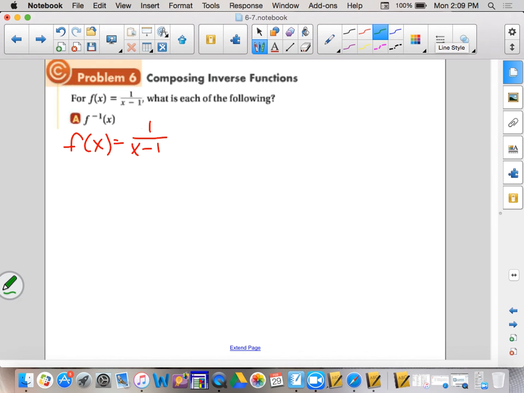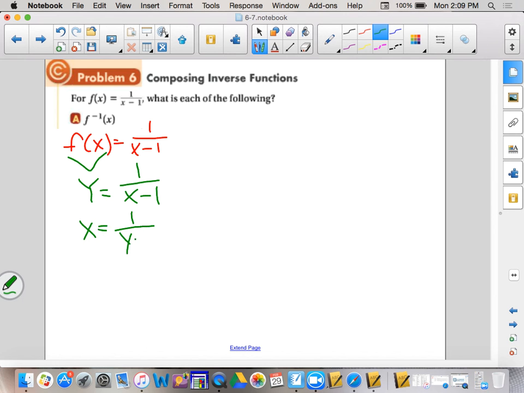So f of x equals 1 over x minus 1. What is my first step? Replace this with y. What's my next step? Switch the x and y around.